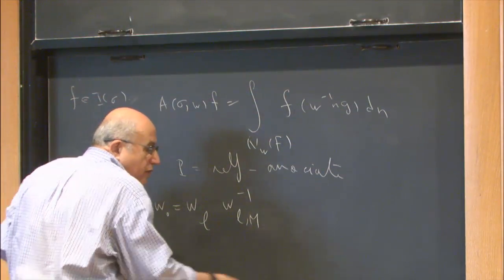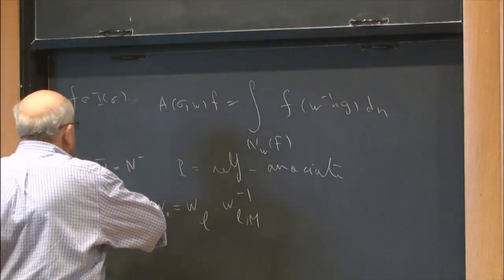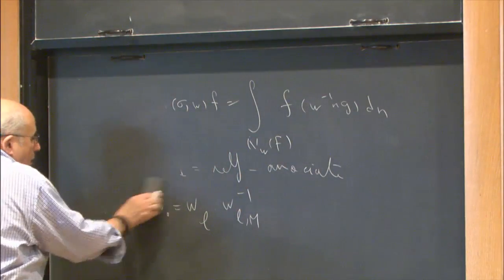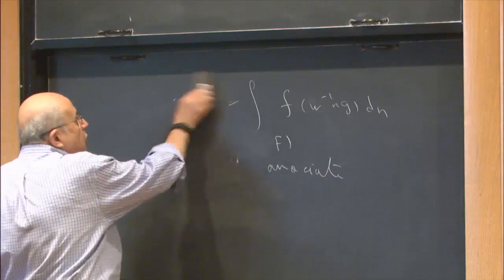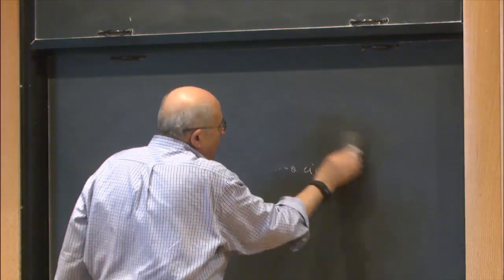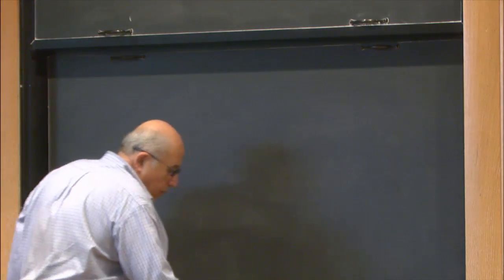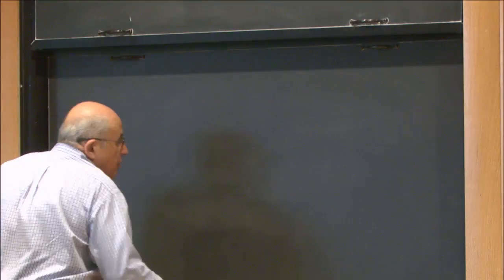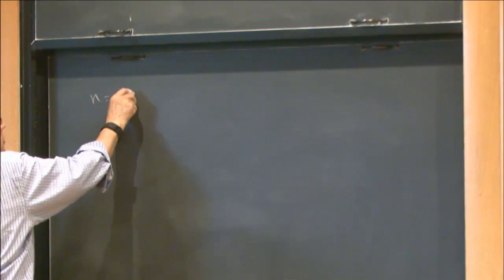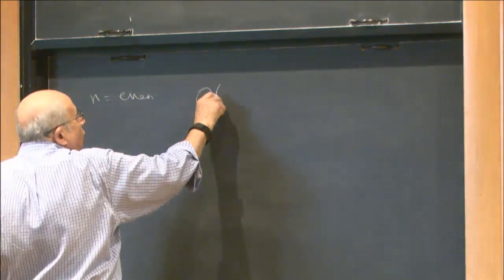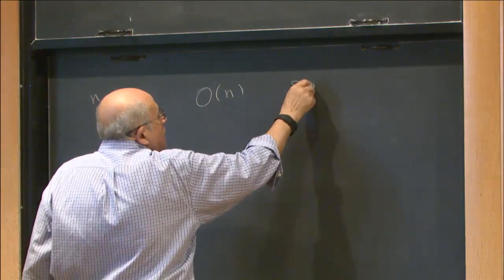Piatetski-Shapiro and Rallis have done this doubling method to compute the factors for the standard representation of classical groups. They assume n is even. They look at O_N or Sp_N.